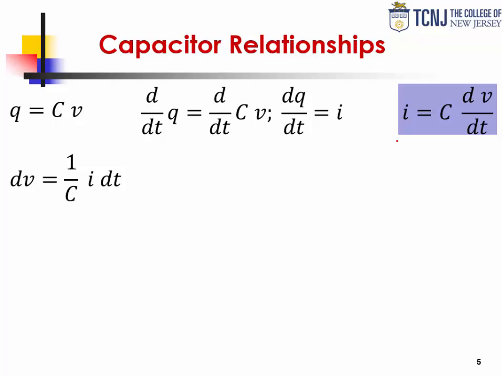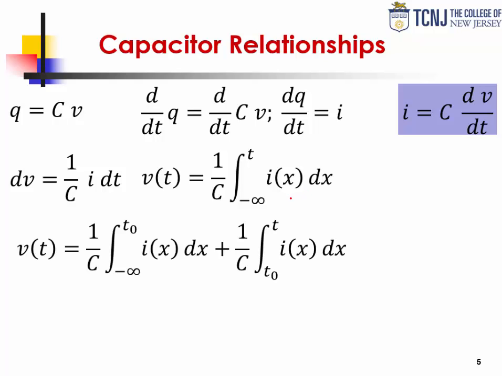So we can separate the voltage and the current in this fashion, and then we can integrate both sides, and we can get that the voltage across the capacitor is 1 over the capacitance times the integral of the current.